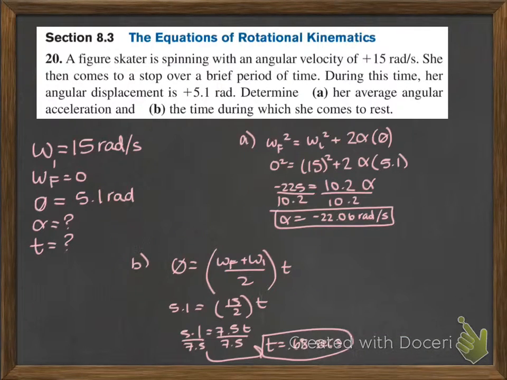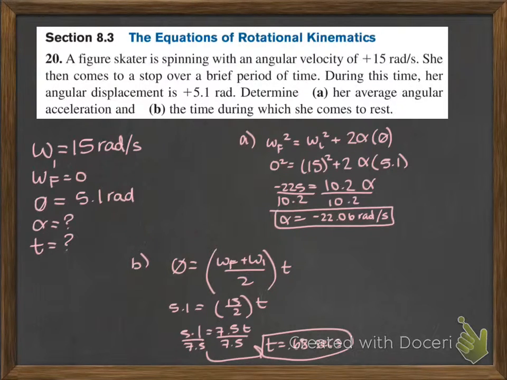So let's look at a problem. A figure skater is spinning with an angular velocity of 15 radians per second positive. She then comes to a stop over a brief period of time. During this time, her angular displacement is 5.1 radians. Determine A, her average angular acceleration, and B, the time for which she comes to rest.